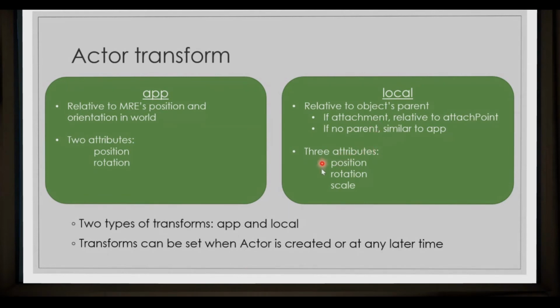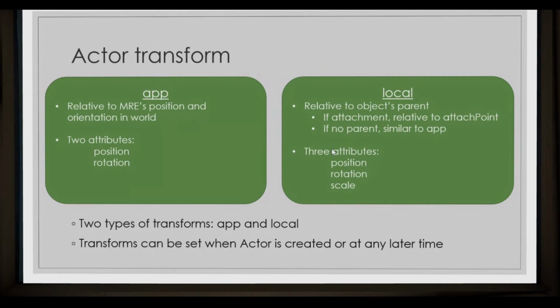Where that makes a difference is the position. The position has an X, Y, and Z value. If it's an attachment, for instance, it's relative to the attach point. So if you say attach it at 0, 0, 0, it doesn't mean 0, 0, 0 in the world. It means wherever that attach point is on that hand. Same thing for hats and things like that.